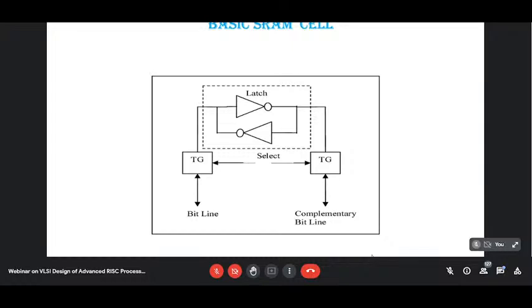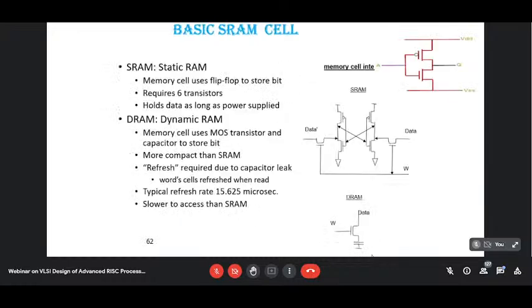So this one will be stored unless you want to change it. If you want to read the data, you can read it again because the lines are bidirectional. And these are the basic structures, because NOT gates mean one complementary MOS each. You connect them back to back.